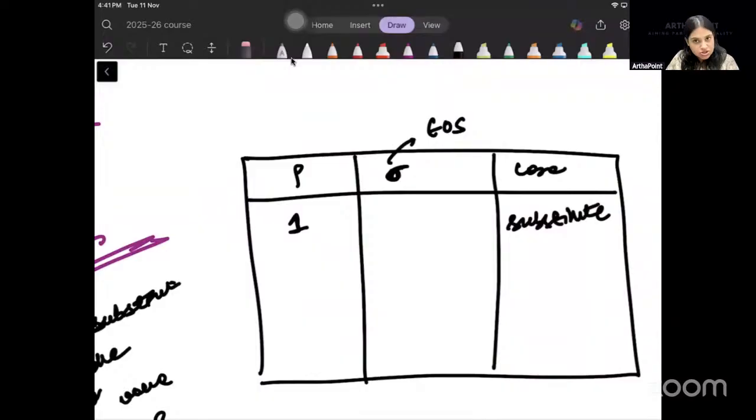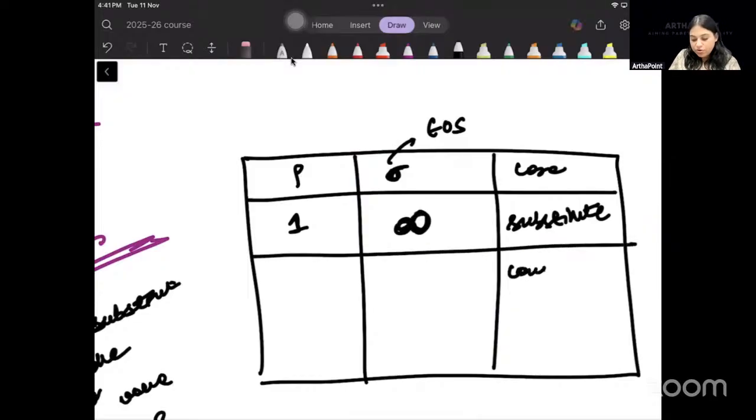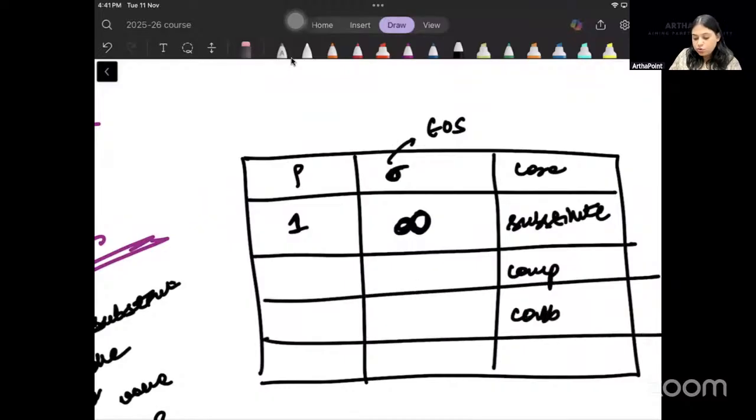But when it is a substitute good, the elasticity of substitution becomes infinite, right? So you have to do it for complementary goods, for Cobb-Douglas goods, and generally for the CES function. You complete this table in this way. Okay, anything can come from this table.